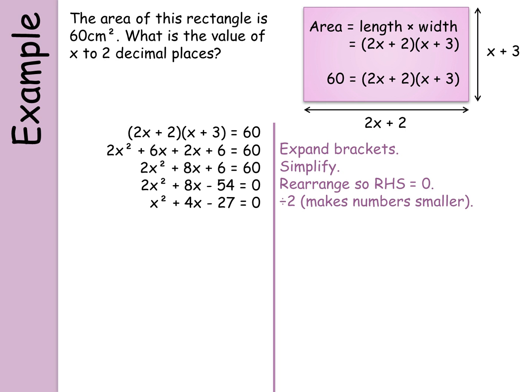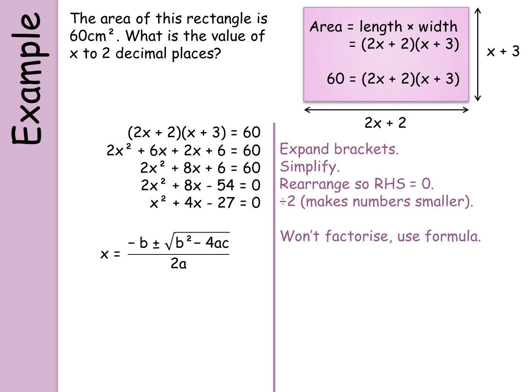So 2x squared has become just 1x squared, 8x has become 4x, and minus 54 has become minus 27. It won't factorise. You can try in the exam. A good tip is if it's on the calculator paper, they are probably expecting you to use the quadratic formula. So go to the front of the exam paper and jot down your quadratic formula in your exam book.